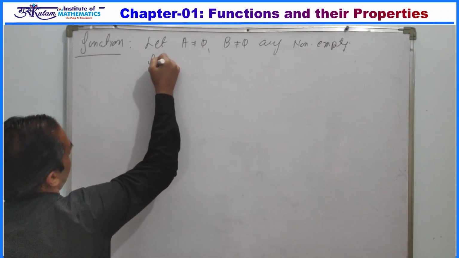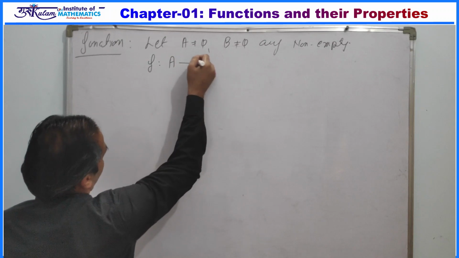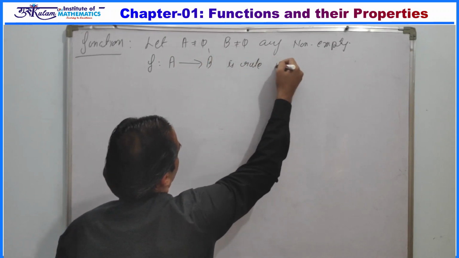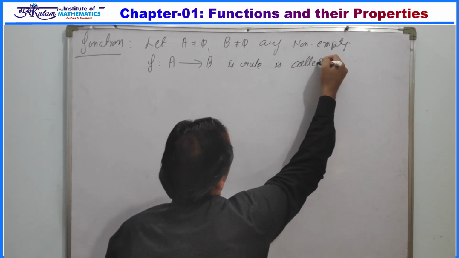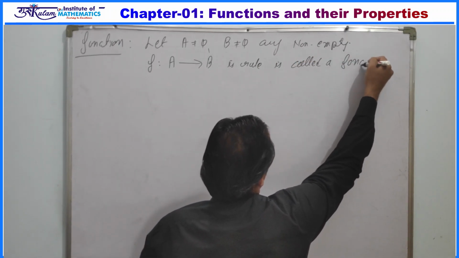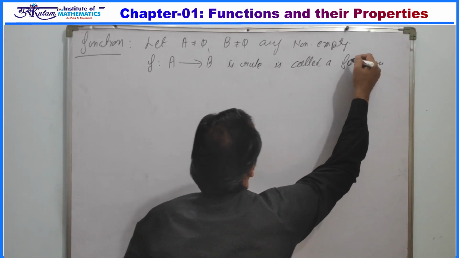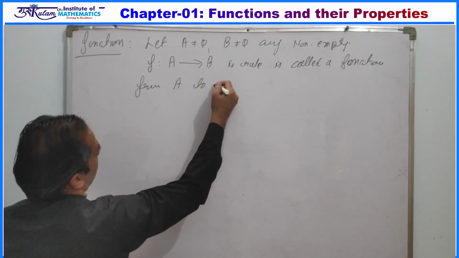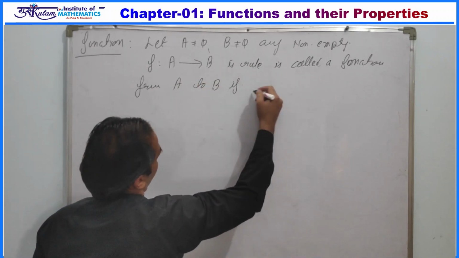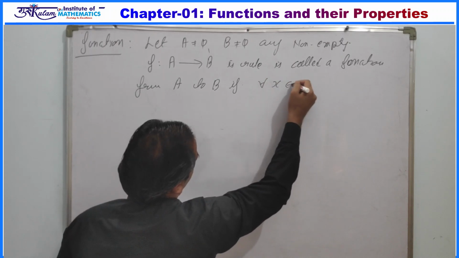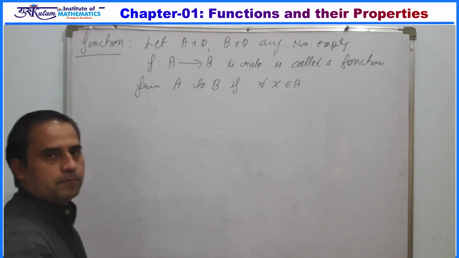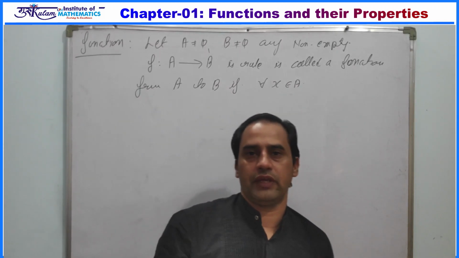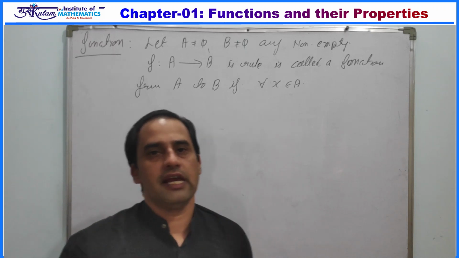Then a rule denoted by F from A to B is called a function from A to B if every element of A is assigned to a unique element of B.